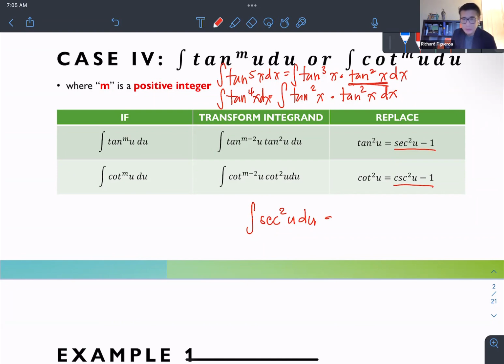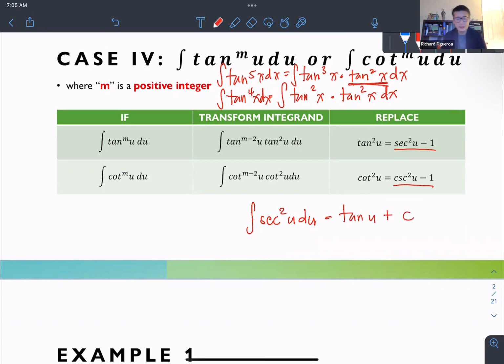Which is, anyone? Tangent. Okay, so tangent u plus c.